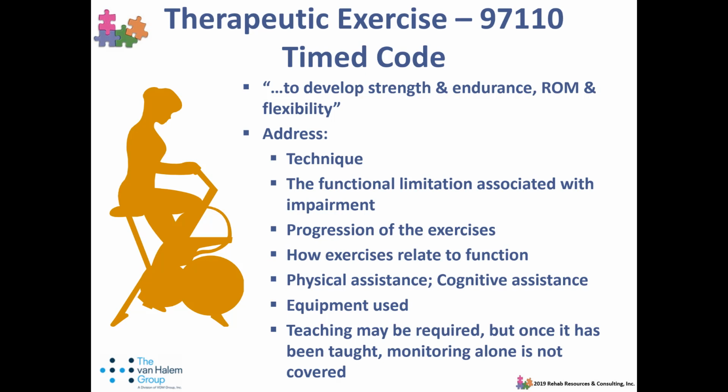It is considered reasonable and necessary if the patient has one of the following conditions present: weakness, contracture, stiffness, coordination deficits, abnormal posture, or a muscle imbalance. The patient may need to improve mobility, stretch, strengthening, coordination, control, dexterity, range of motion, or endurance.